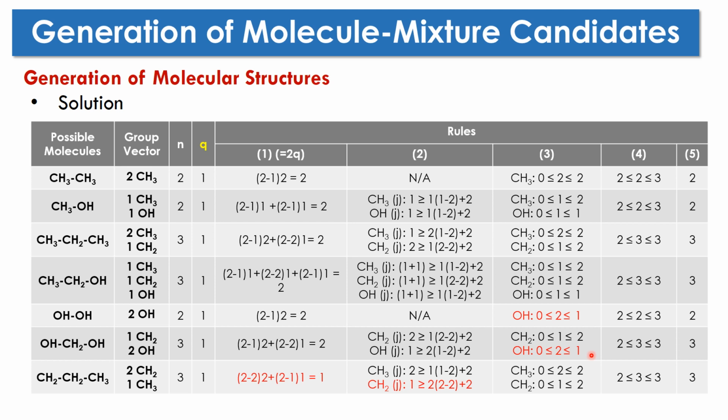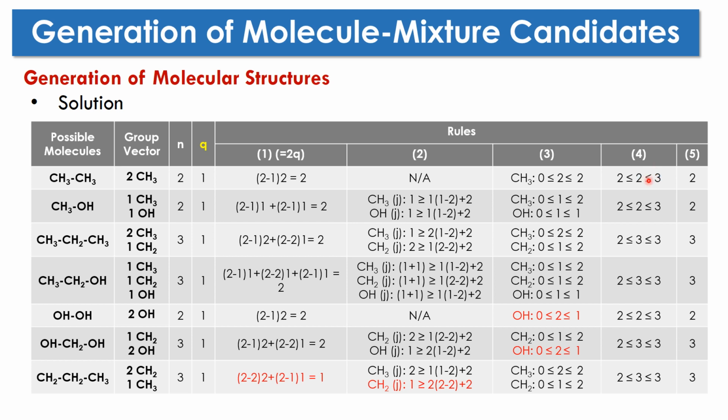And for rule 4, it is also just a comparison between the minimum of 2 and the maximum of n max. So n max is 3, and if you look at the numbers here, all are between the range. So of course, rule number 4 is all satisfied. If, let's say for example, you list down another molecule which has four different groups, then of course rule number 4 will not be satisfied.